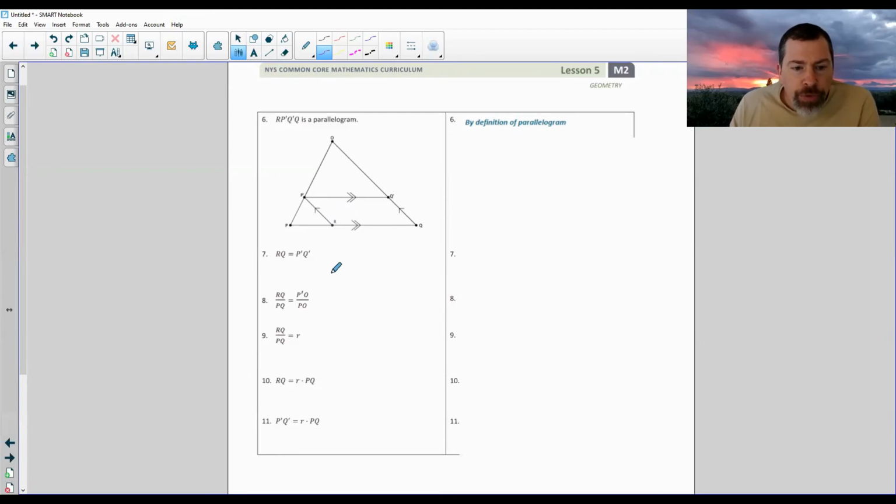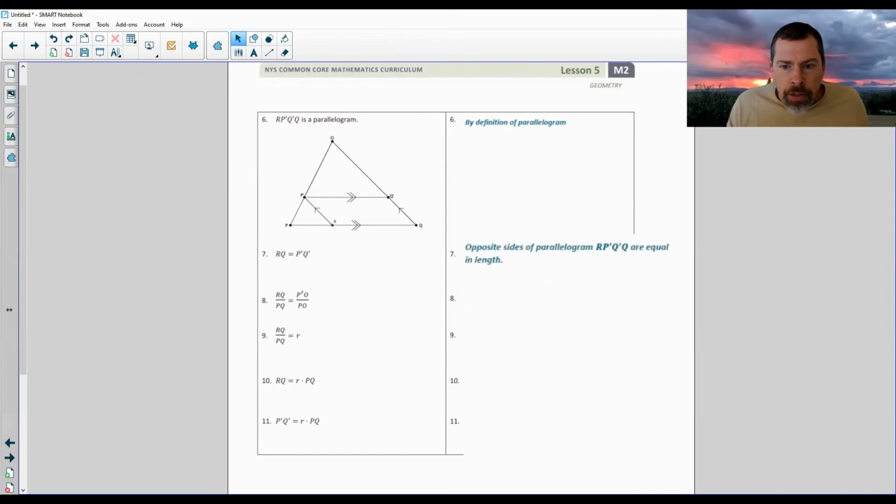Okay, so moving on, now we can say RQ over PQ, so this piece here over the whole thing, equals P prime O over PO. And that's just the definition of opposite sides of parallelograms are equal in length.